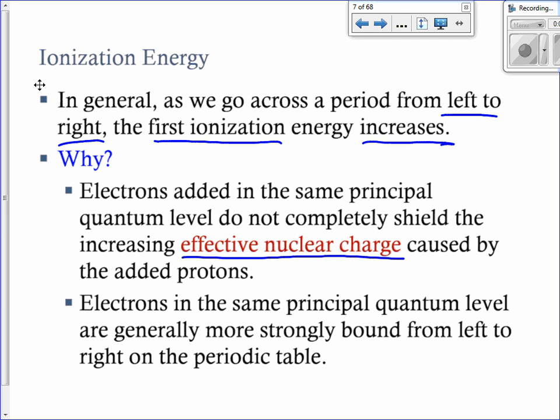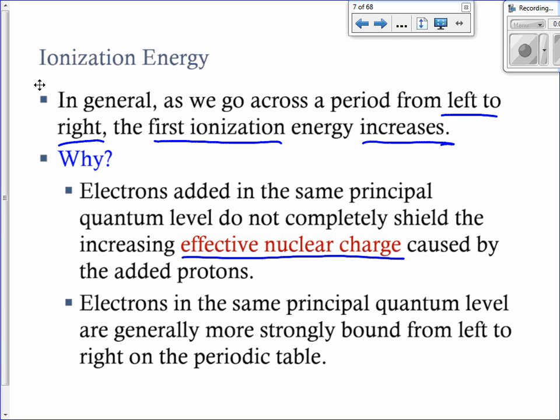Now, does anybody remember the general trend for the groups, the columns? I like to think of them as going the same direction. So if I'm going up and to the right, I'm going to be increasing. So if you are going up a group, ionization energy is going to increase.